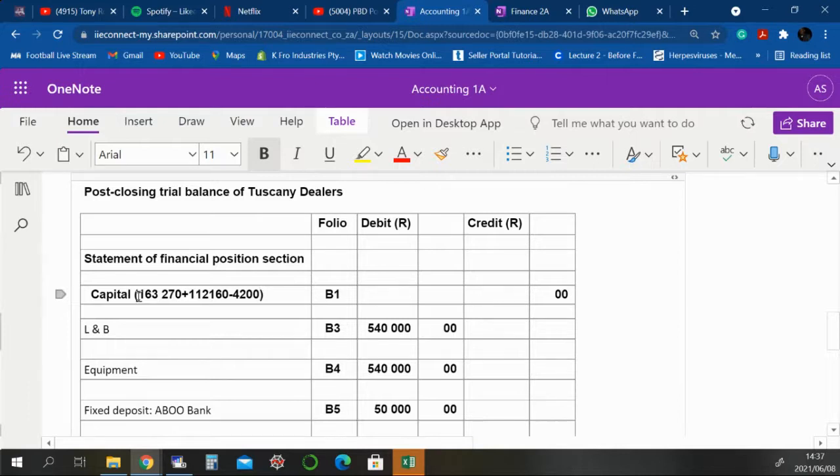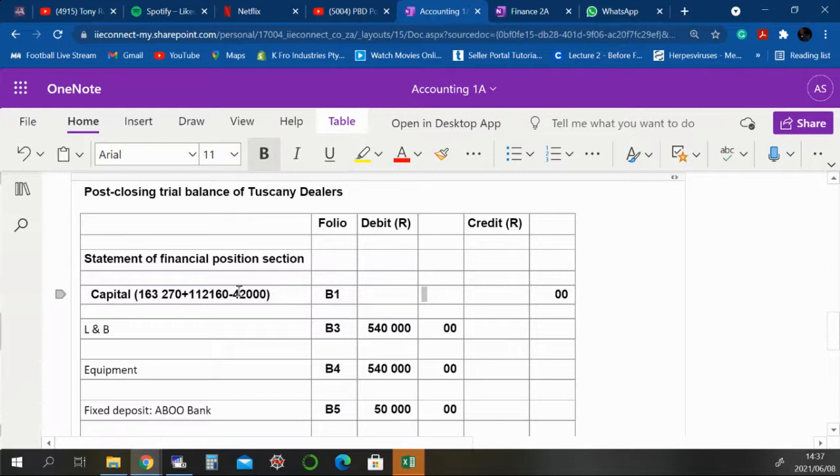If you look now at the end of the steps, can you see when they said owner's equity, the new formula that I was telling you about? It's your capital plus your profit minus your drawings.